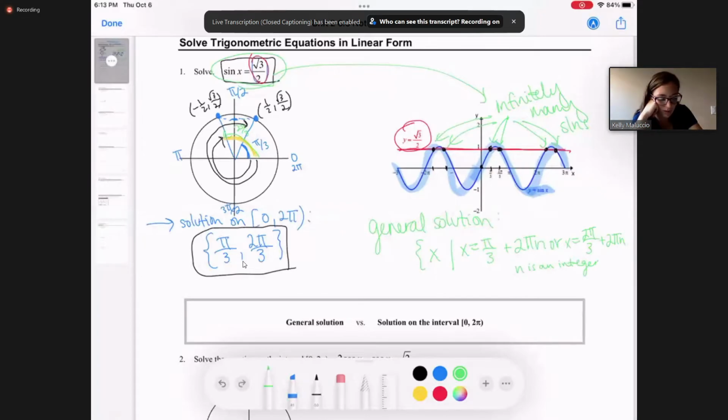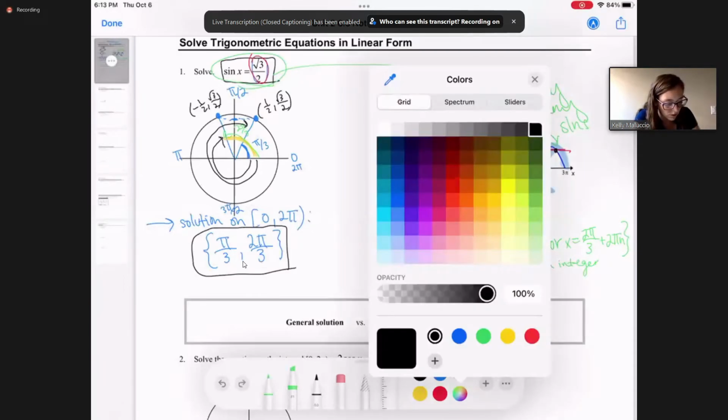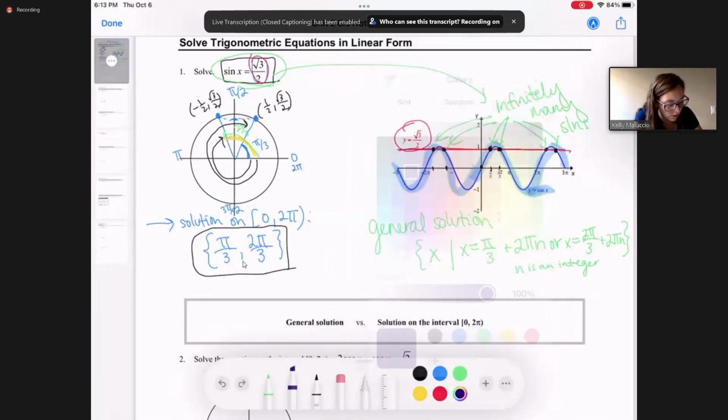So basically what this is saying is, if I take my pi/3 point, maybe I should do a dark color. So my pi over 3 point is there.